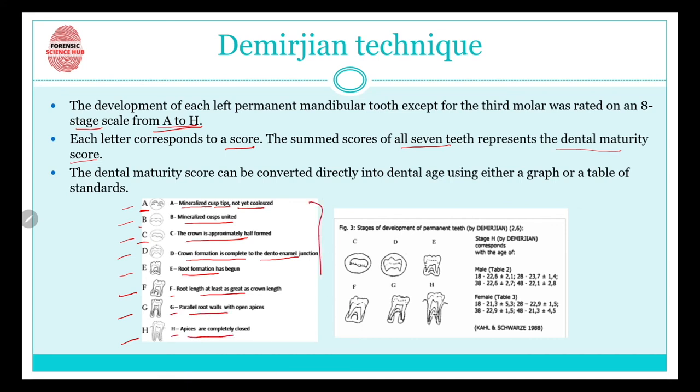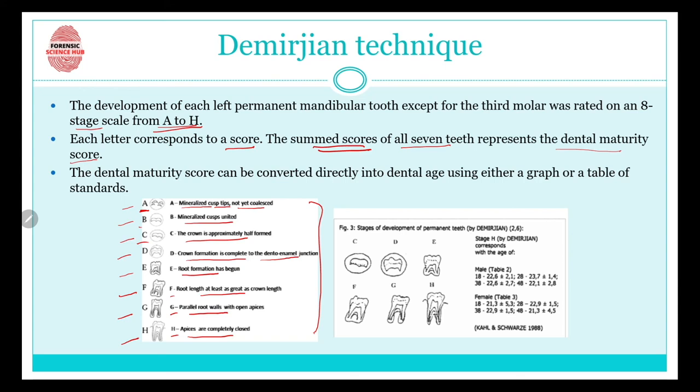So these are the various stages that are given. Then we have the teeth whose age we have to estimate. We sum the scores of all the 7 teeth, and then we get a dental maturity score.